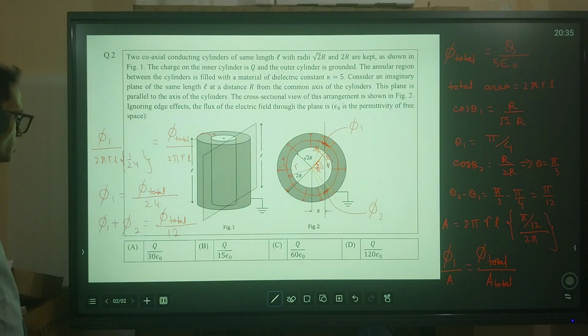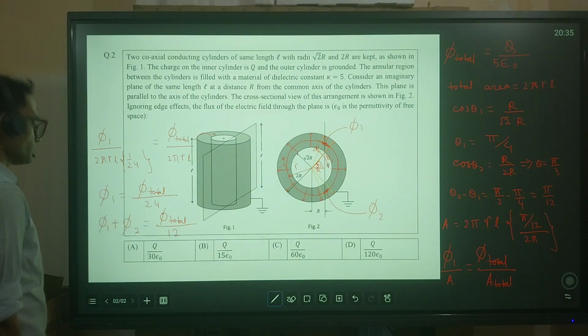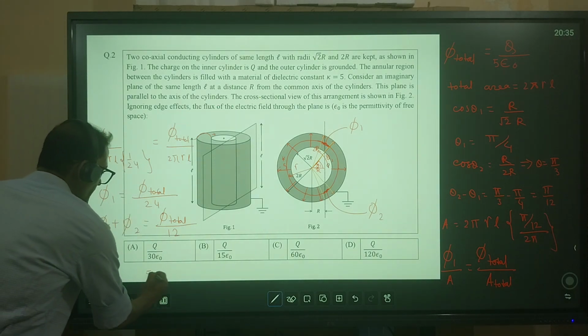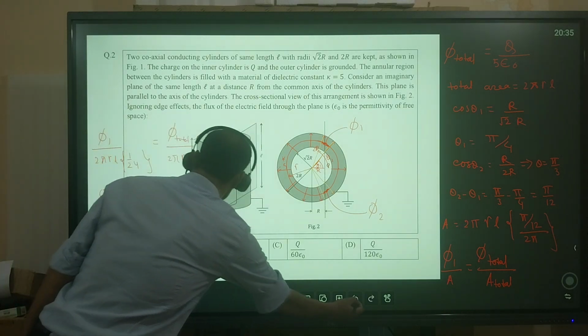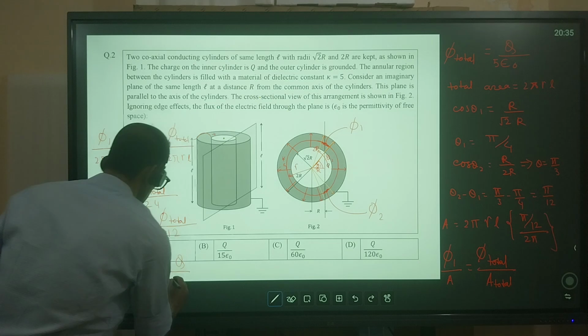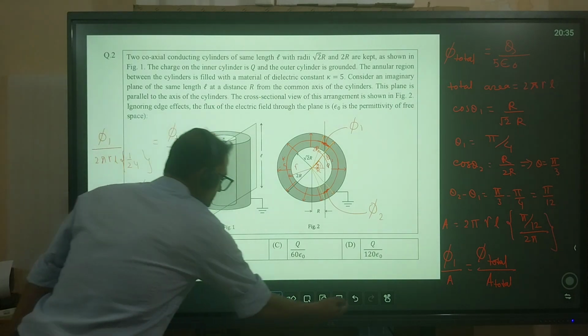So this is what we are getting, and phi total was q by 5 epsilon naught.